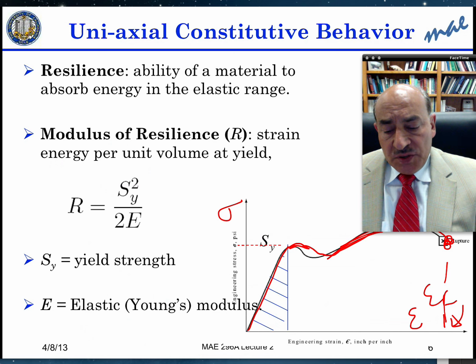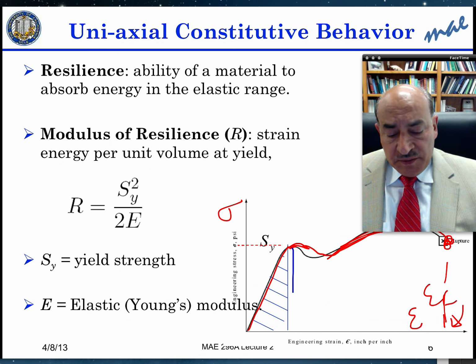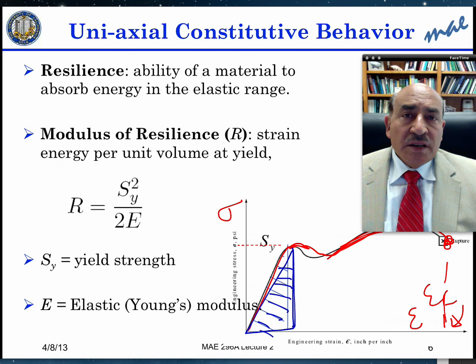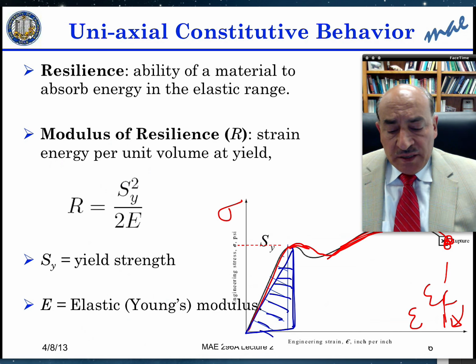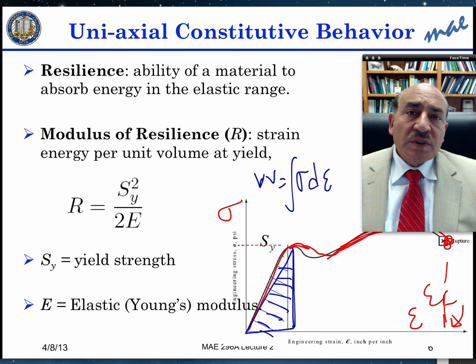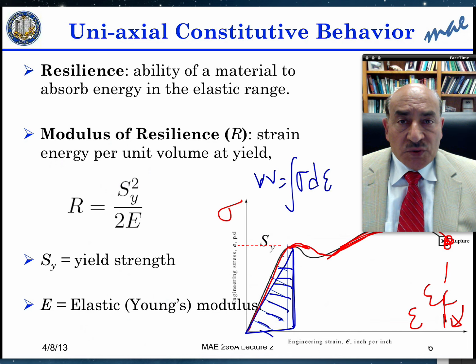First, we want to note the area under the curve in the elastic range. We know that the work done is the integral of sigma d epsilon. This is the work done per unit volume from our strength of materials course.